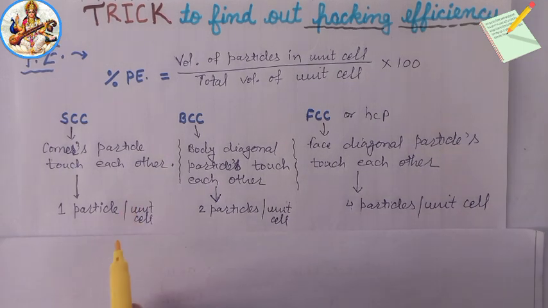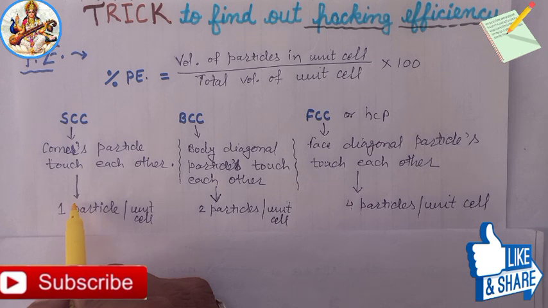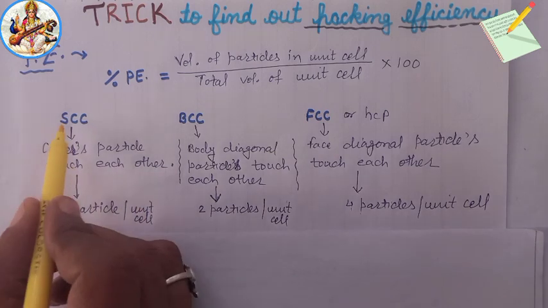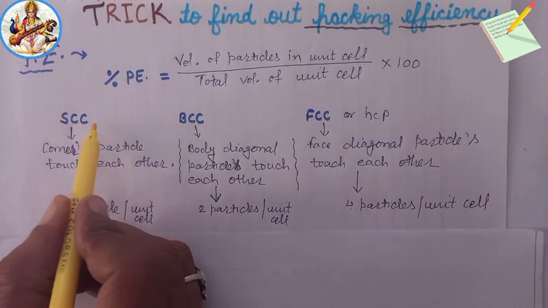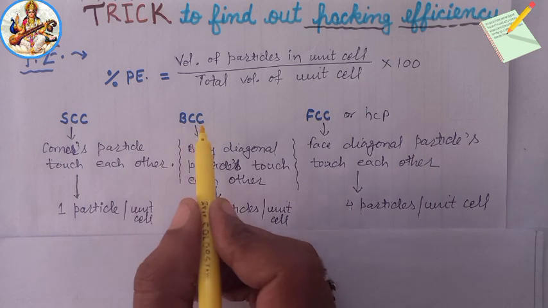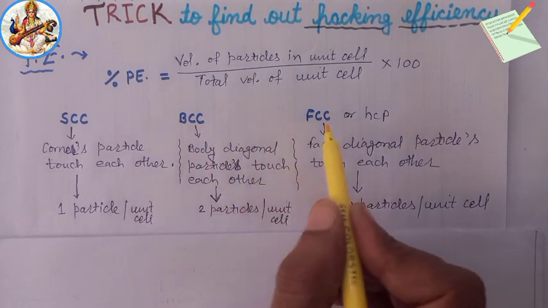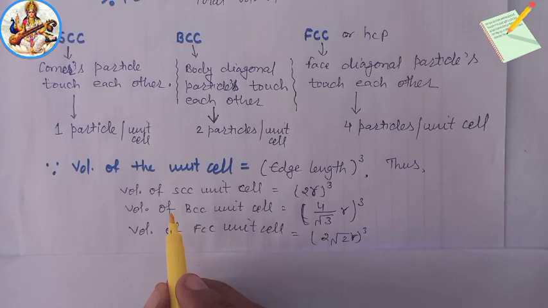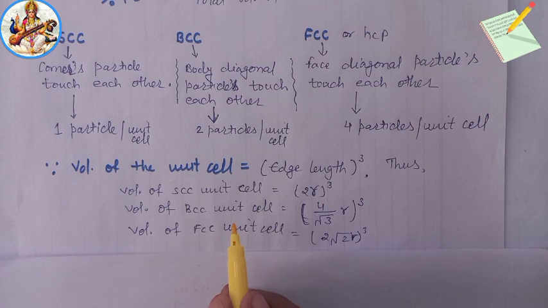Similarly, we know that there are 1, 2 and 4 particles present per unit cell of SCC or primitive unit cell, BCC and FCC respectively. Total volume of the unit cell in SCC, BCC and FCC are as follows.